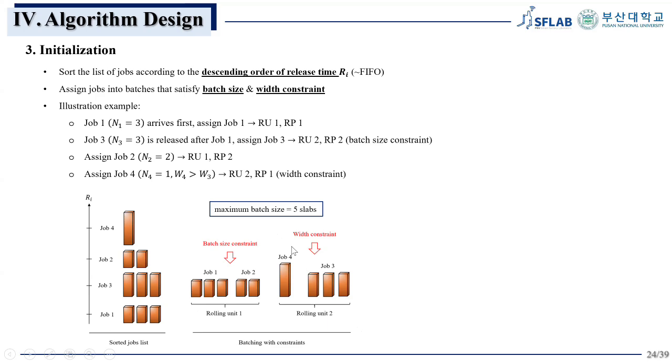Assume that job 4 is later assigned to rolling unit 2. Therefore, job 3 must be processed after job 4 due to the width constraint. The job with larger slabs will be processed first, and then finally we assign job 2 into rolling unit 1 at the remaining rolling position, satisfying the backside constraint.